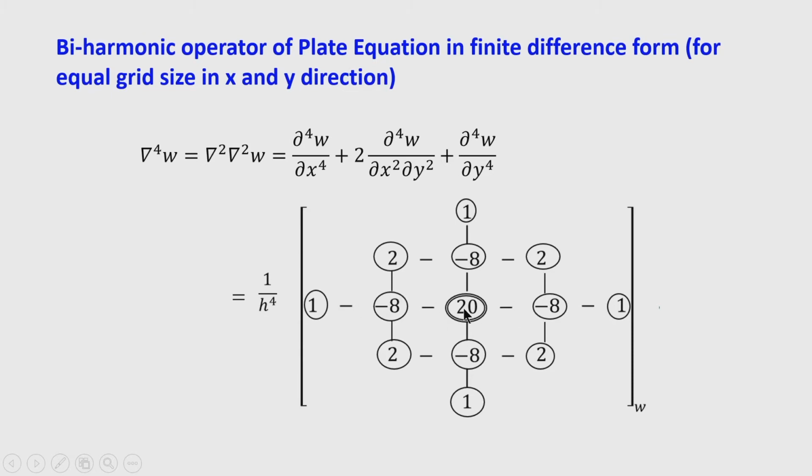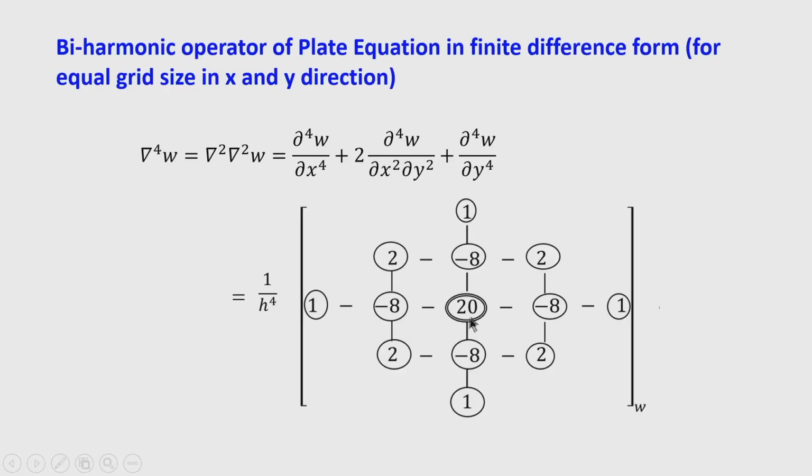If this is the central point, where you are centering the stencil, suppose there are say 10 or 12 nodes, and at a particular node, say 5, you are centering the stencil, then this value has to be placed at node 5, and then automatically the other nodes of the molecule will get their positions.